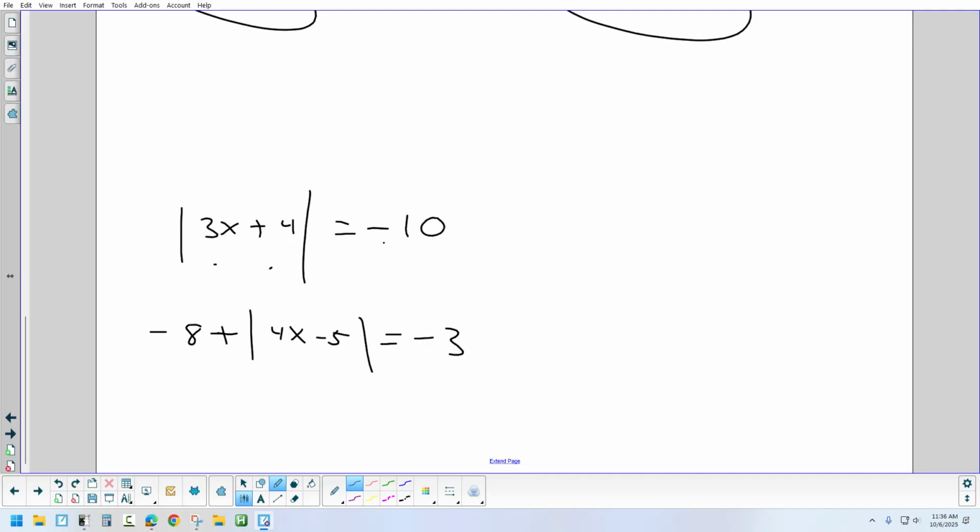Is that also no solution because the absolute value is equal to a negative? Why not? Because after you add 8 to both sides, the answer will become positive. Right. You've got to isolate the absolute value. And once you do that, you're going to have positive 5 on the right. So that problem would be okay.